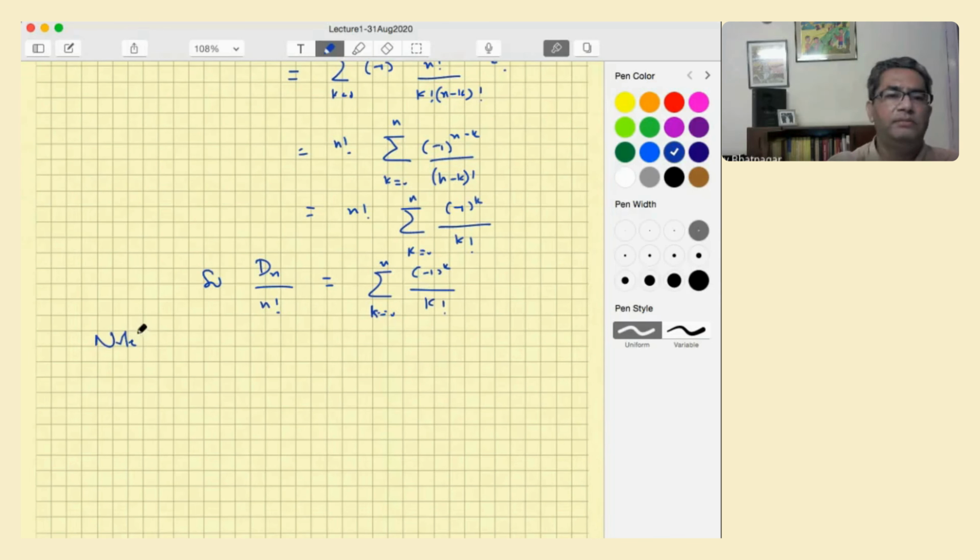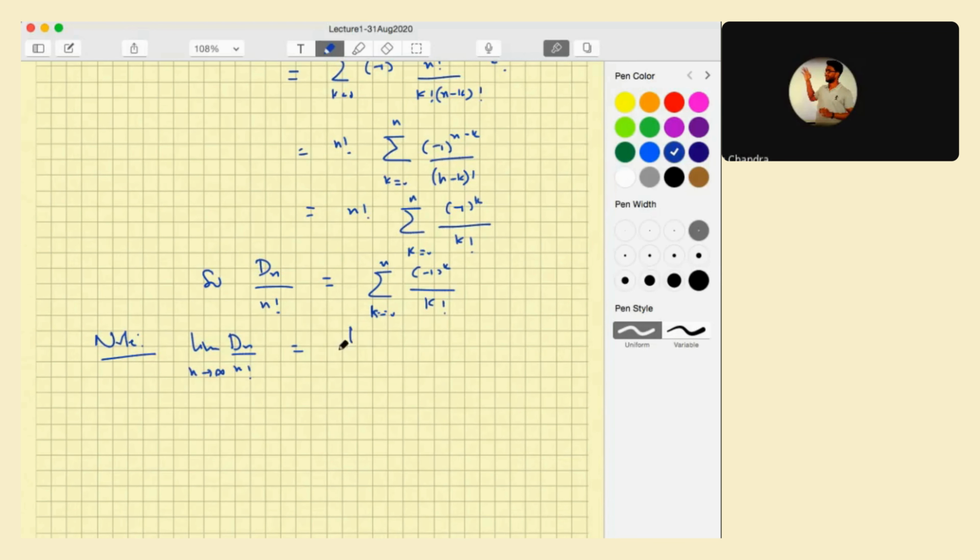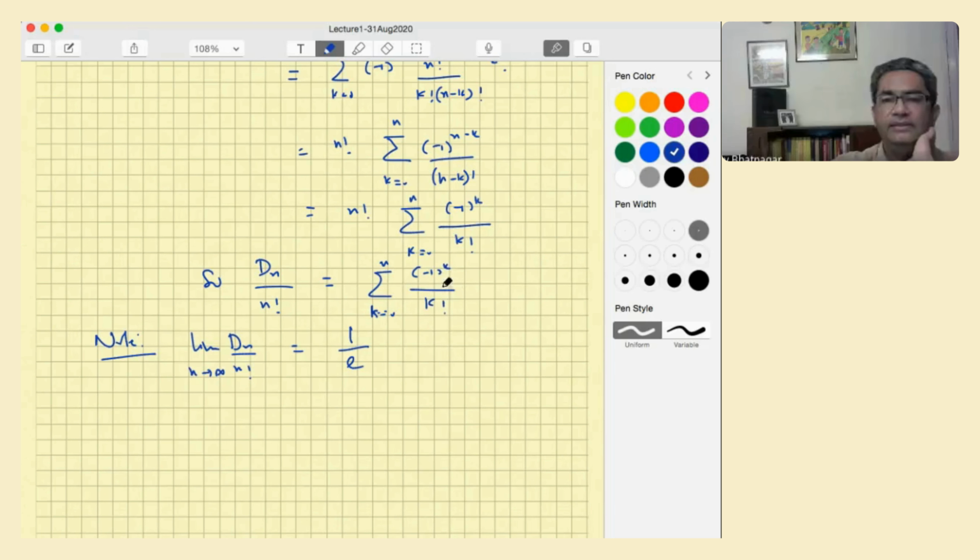And do you notice something? What's the limit as n goes to infinity of Dn over n factorial? 1 by e. So this is the first few terms of e raised to the power minus 1.